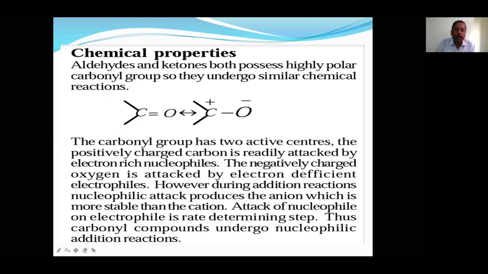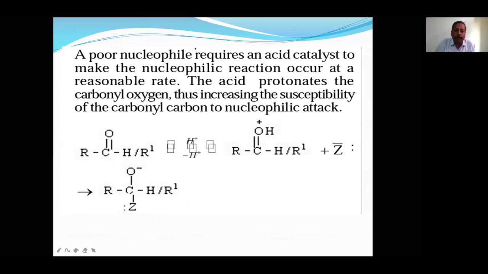Next slide, chemical properties. A poor nucleophile requires an acid catalyst. Suppose this nucleophile is unable to break this bond, then what we require? Acid catalyst to make the nucleophile reaction occur at a reasonable rate. Actually, breaking that bond is a very difficult process.